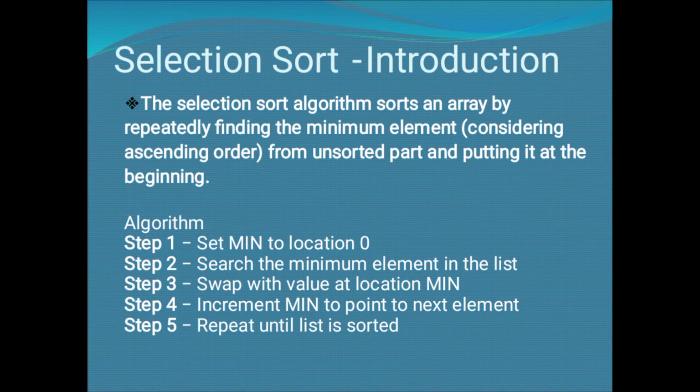Say my minimum element in the array is at position 3. Now I will take that element from the third location and place it at 0. And the zeroth location element will go to the third position.